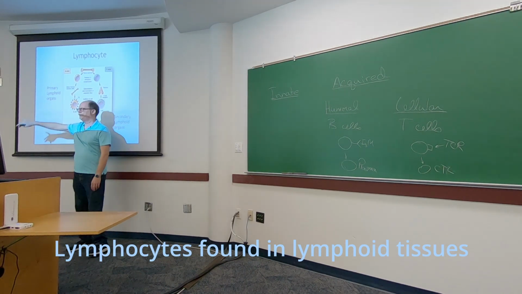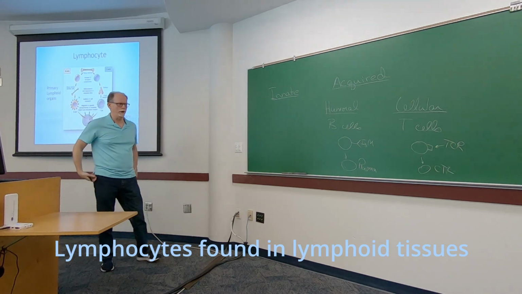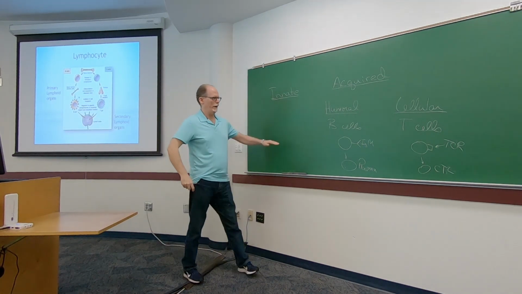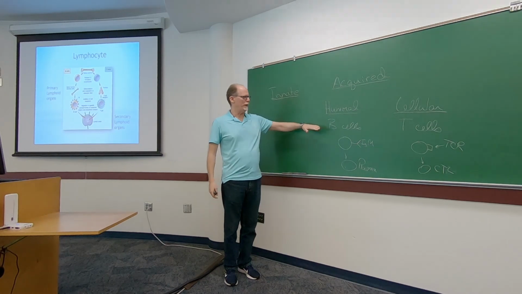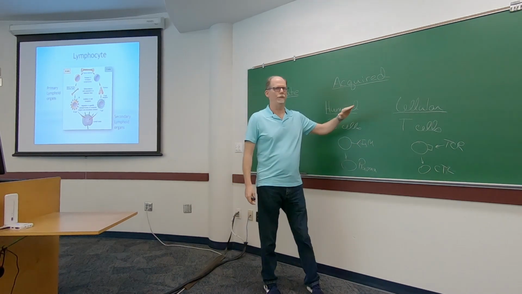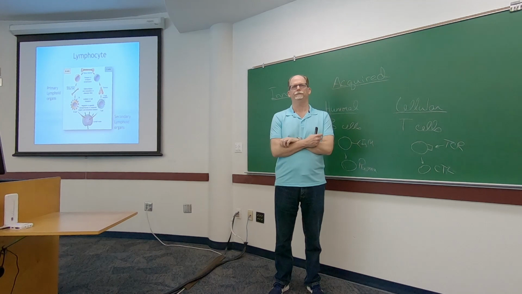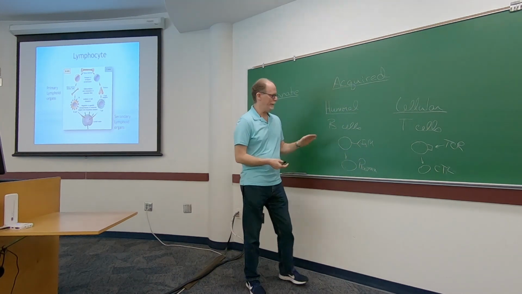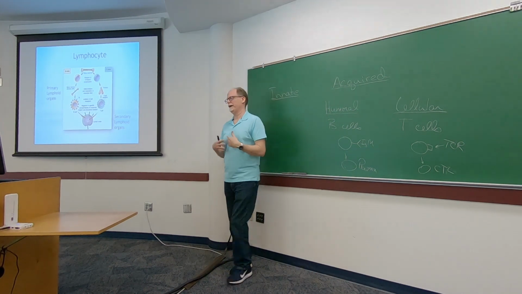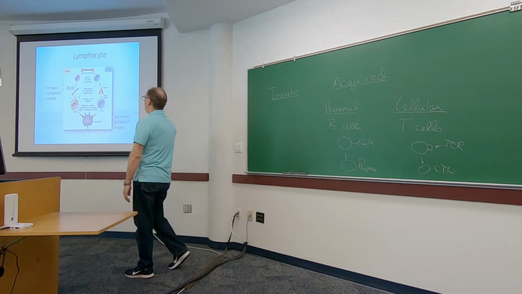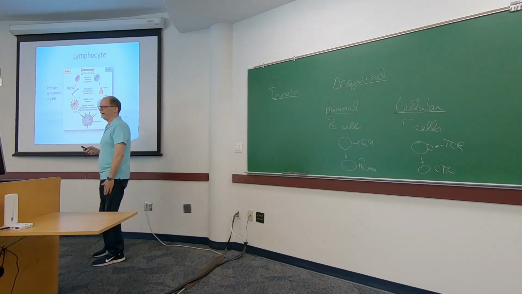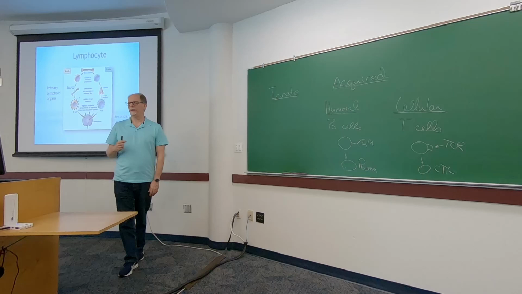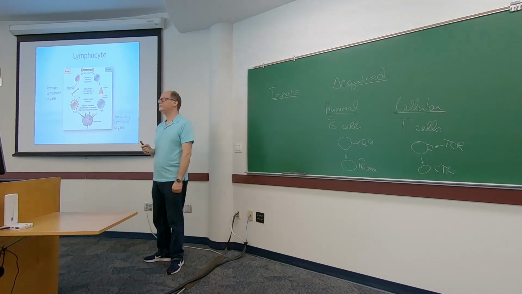The primary lymphoid organs are what we call the places where lymphocytes become either B cells or T cells. So before they're a B cell, the more immature cells are generated continuously in the bone marrow. Right, you're making white blood cells.